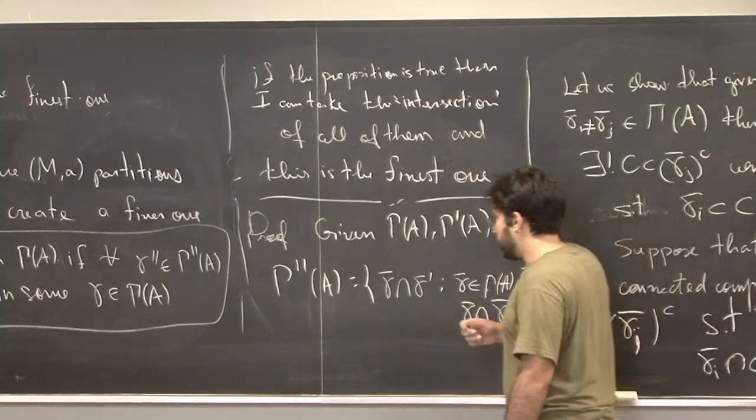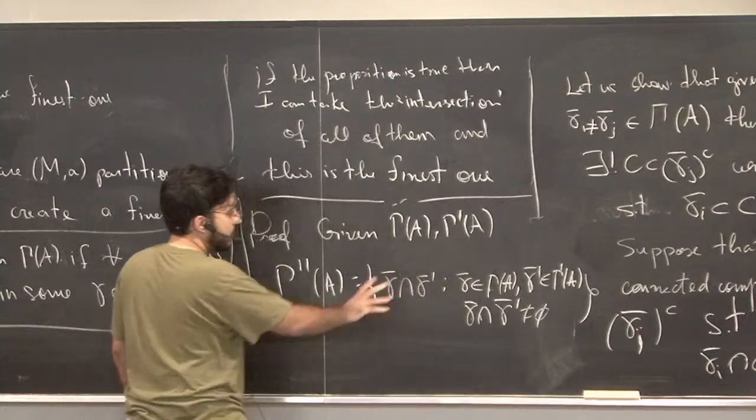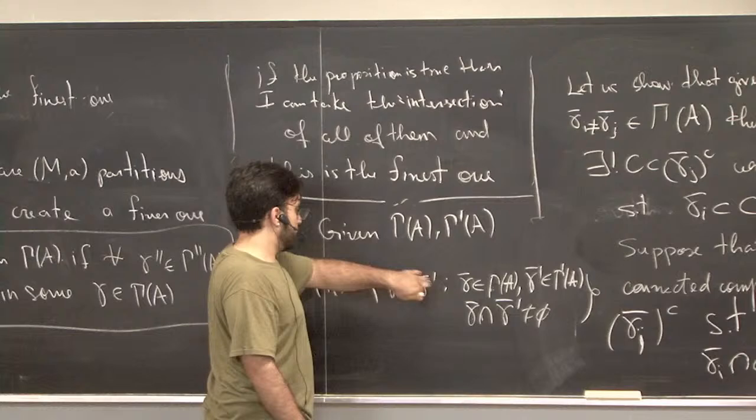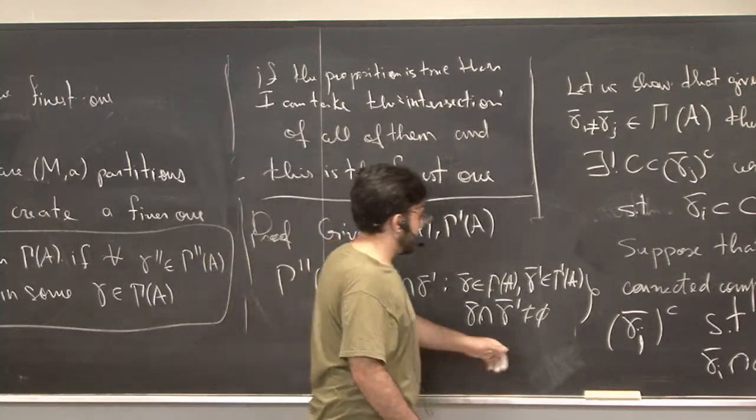So I'm just refining this partition and collecting the intersections when they are not empty.